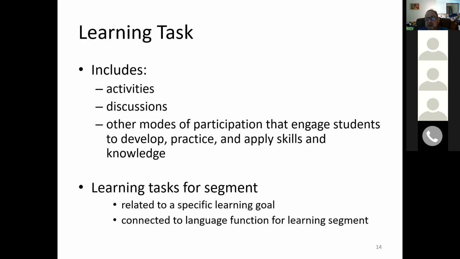So it is very important, and I've said this before, it's a little bit of an aside, your learning goal must relate to every part of your lesson plan for EdTPA. So whatever your learning goal is, whatever you do, whatever your activities are, whatever your academic language is, needs to be a function of that learning goal.